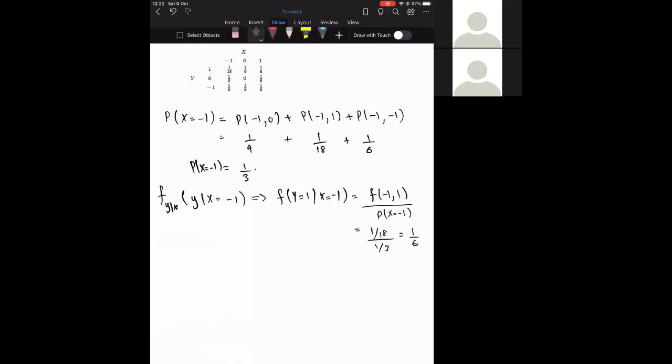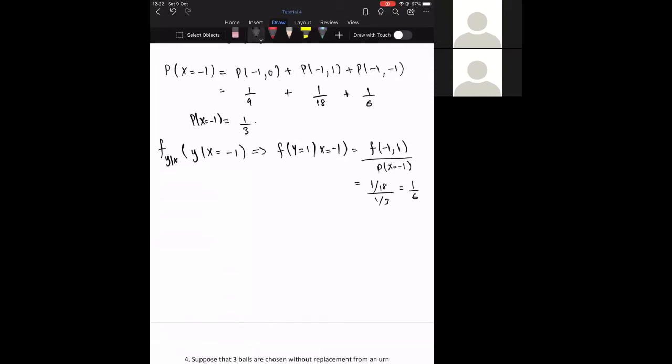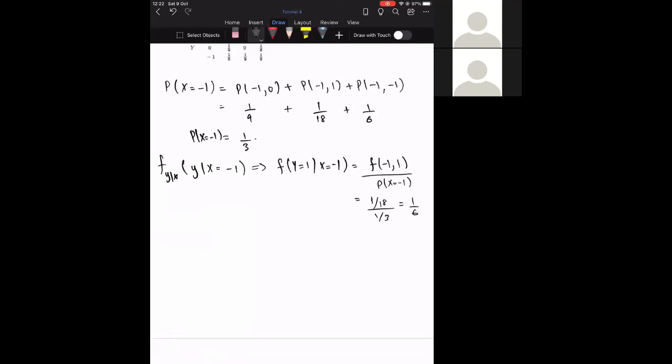So we have one of the probabilities. We have y equals 1 given x equals -1 is 1/6. Now we find the probability that y equals 0 given x equals -1. Once again, this is the intersection of x equals -1 and y equals 0 divided by the probability of x equals -1.